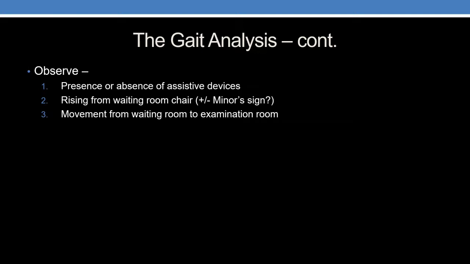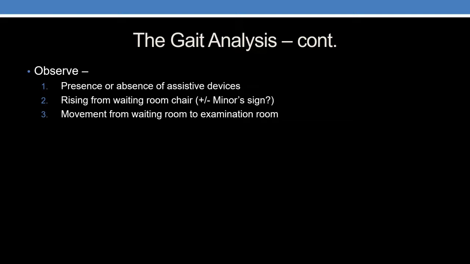So what does it mean when we say observe the examinee? Well, some of the things that you're going to observe when you go out to meet the examinee in the waiting room is the presence or absence of an assistive device. And this might not sound like rocket science, but sometimes assistive devices may be hidden. A knee brace may be something that's hidden.